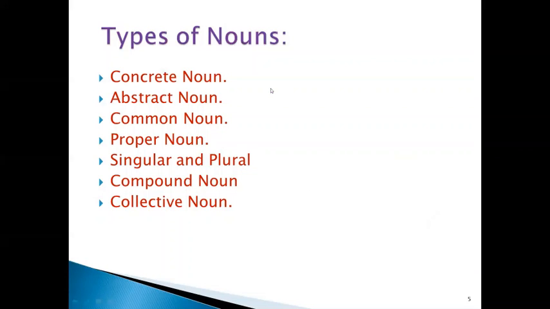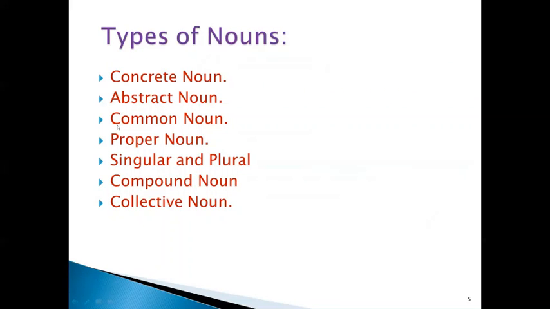Another important question is, what are the types of nouns? We can say there are different types of nouns. The first one is a concrete noun. The other one is abstract noun.